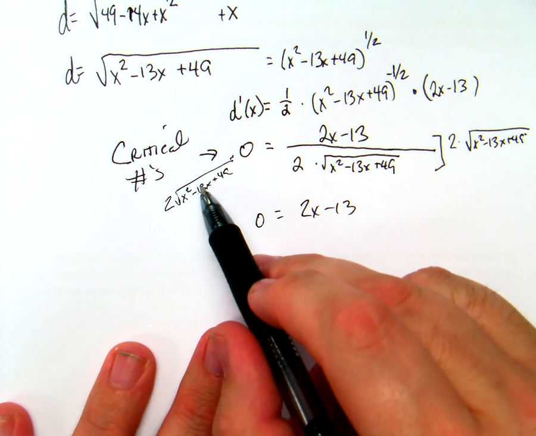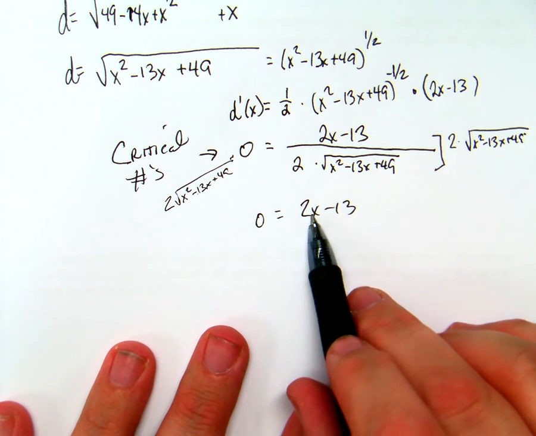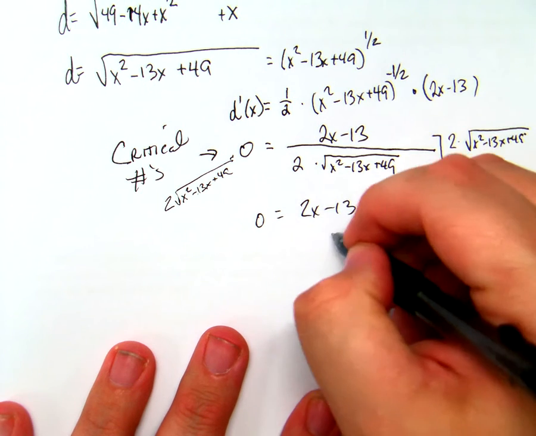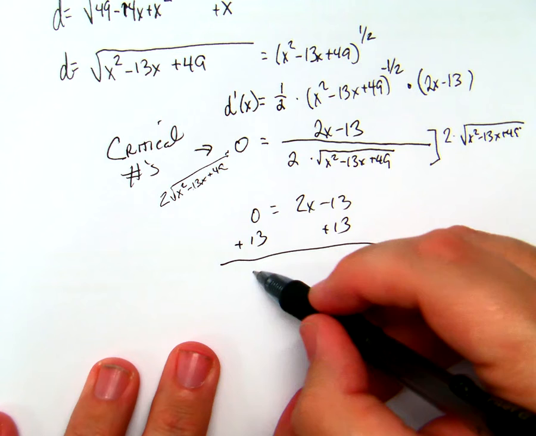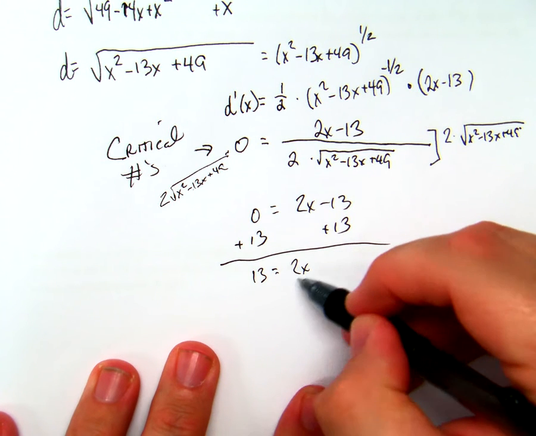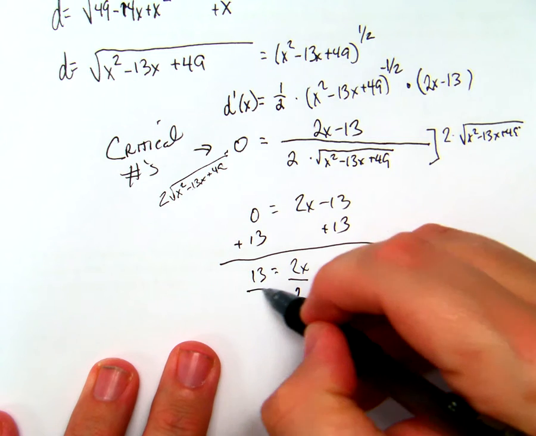And these two things divide out, so I'm left with this. Add 13. 13 is equal to 2x. Then what? Divide by 2. x is equal to 13 over 2.